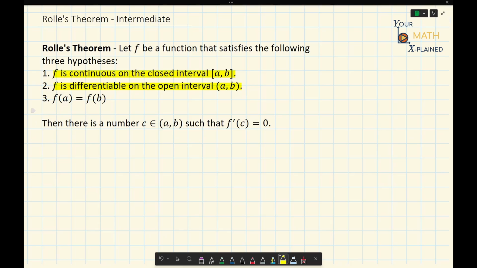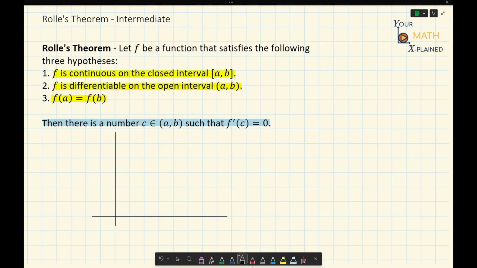And then lastly, f of a is equal to f of b. If all of these three conditions are satisfied, then we can conclude that there must exist a number c in the open interval ab such that f prime of c is equal to 0. So in other words, there must be a number that exists in the interval ab where the tangent line at that point is horizontal. Let's take a look at what that means through a diagram.